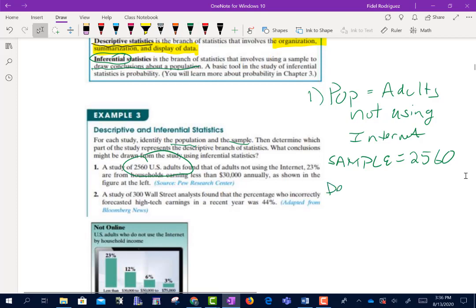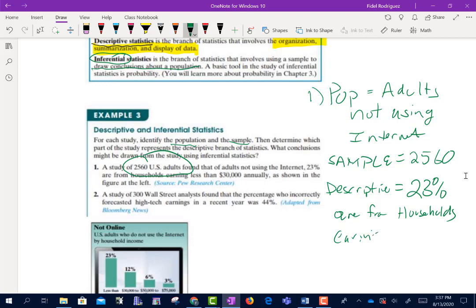Now, my descriptive stats would be the part where it says 23% are from households earning less than 30,000, right? Not only would that be my descriptive, so would the chart, okay?